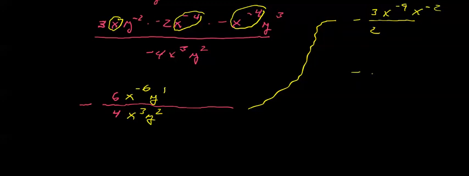And then I move those down. 3 over 2, x to the ninth, y to the second. This should be a y. y to the second. And that's it.